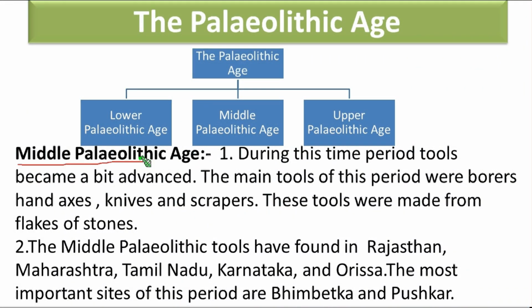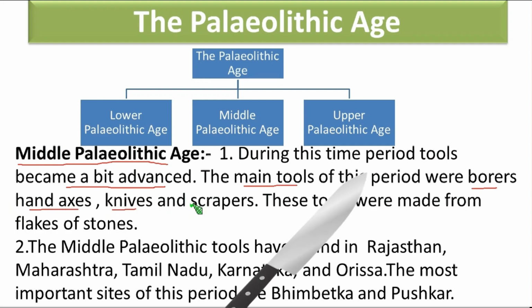The Middle Paleolithic Age is the time period when the tools of early humans became a bit advanced. The main tools of this period were borers, hand axes, knives, and scrapers, and all these tools and weapons were made from the flakes of stones.